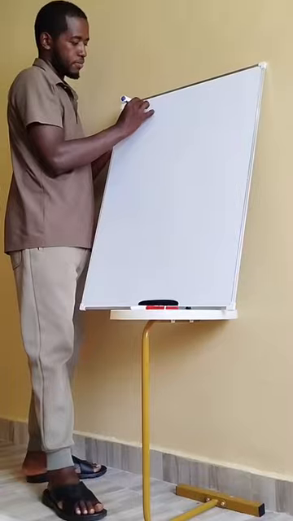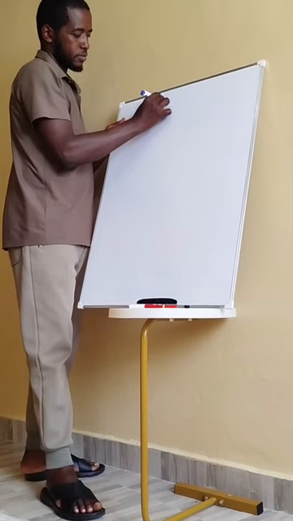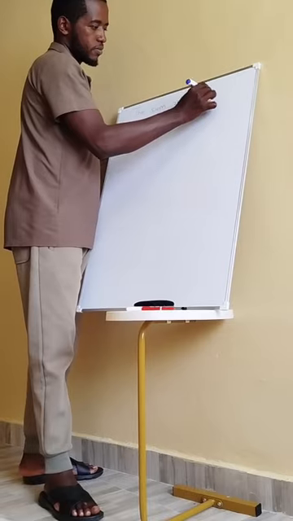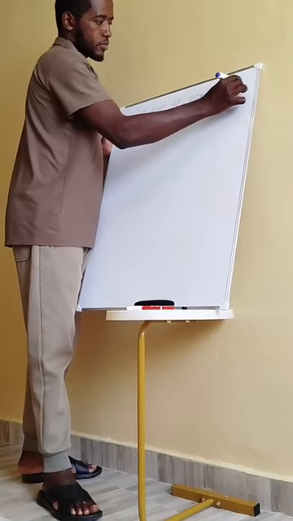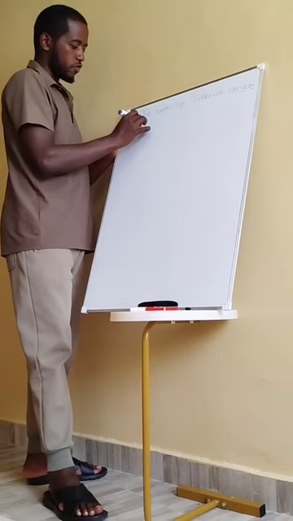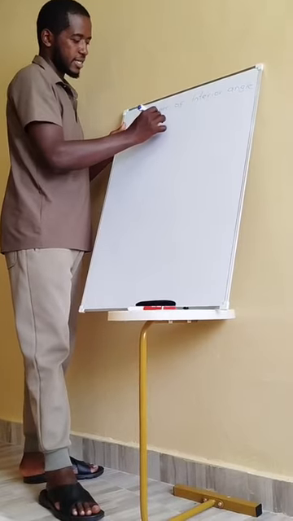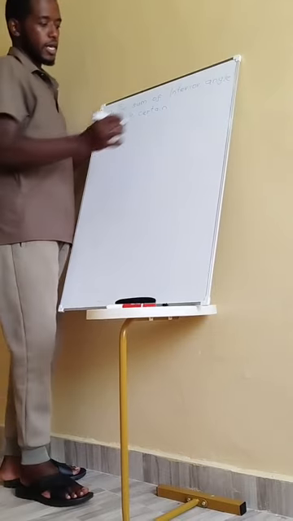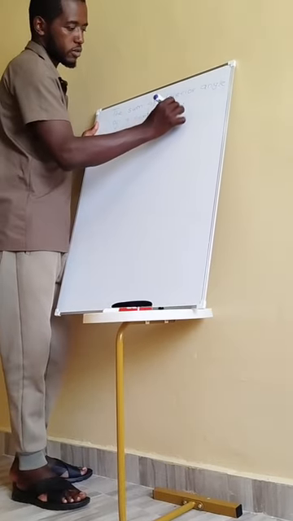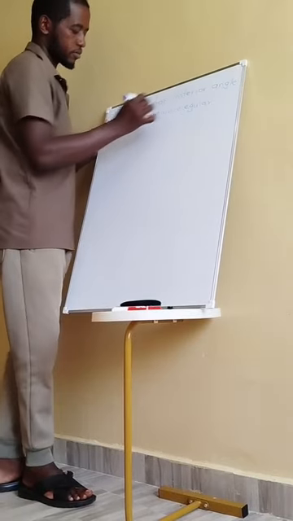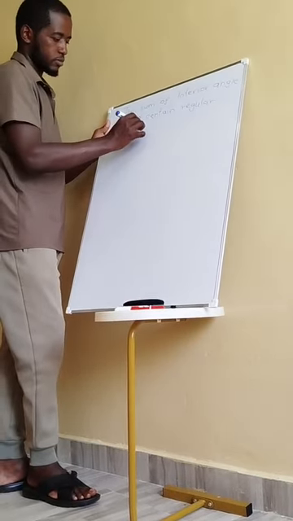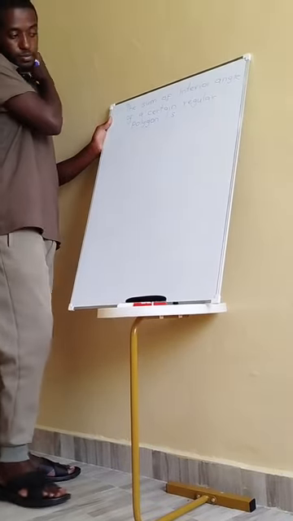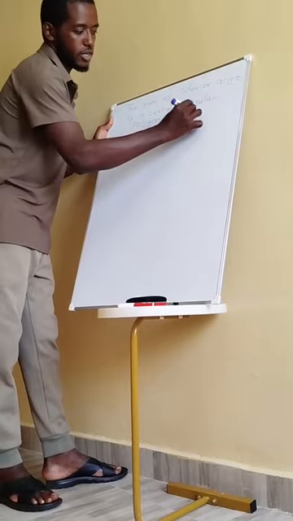The sum of interior angle of a certain regular polygon is 720 degrees.